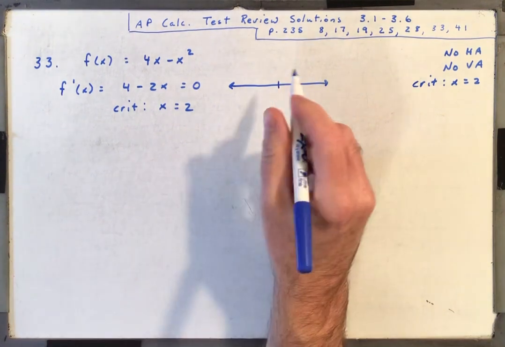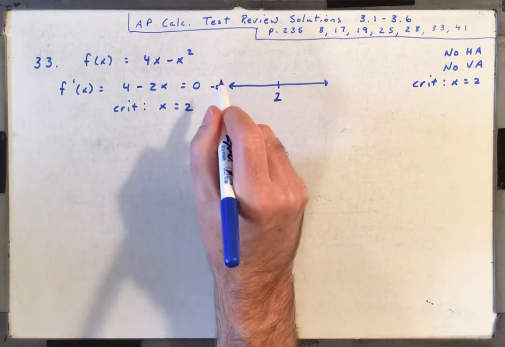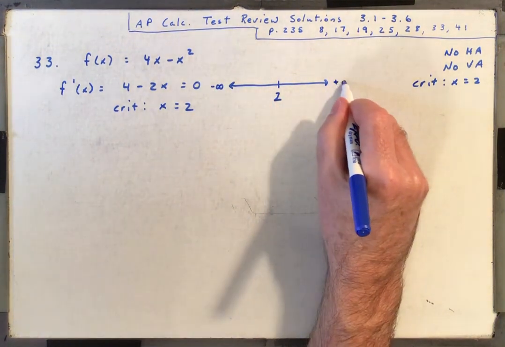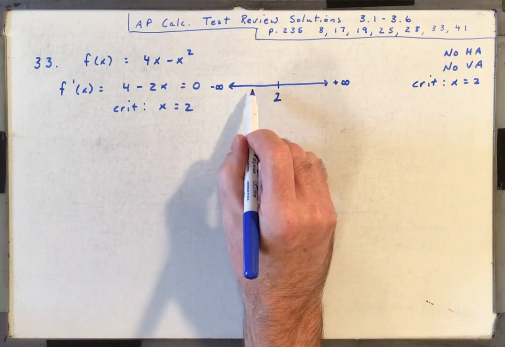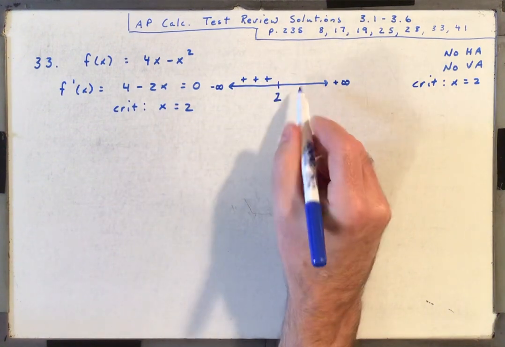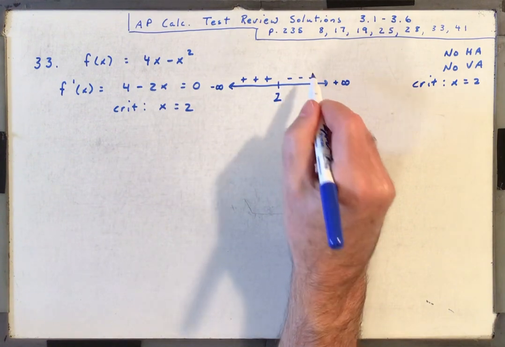Okay, so let's take a look at the increasing and decreasing intervals. Right, so we have 2 here, negative infinity and positive infinity. All right, let's pick 0. Put a 0 in, we're going to be positive. Let's pick 3, so that's going to be negative.